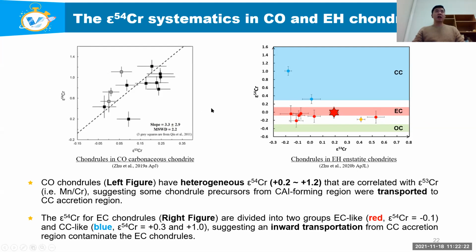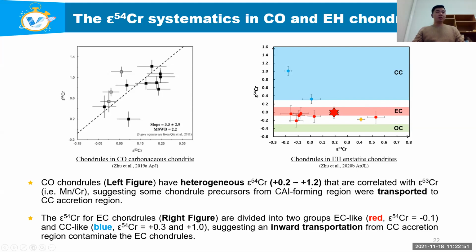These 2 figures are showing the epsilon 54 data for chondrules. And the left figure is about CO chondrules. We can see they have heterogeneous epsilon 54 chromium values that are correlated with epsilon 53 chromium values, maybe suggesting some chondrule precursors from the CI formation region, and this region should be very hot, were transported to the carbonaceous chondrite accretion region.